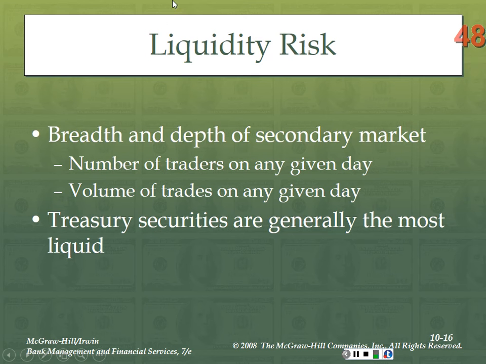If other countries need to raise cash quickly, U.S. Treasury bonds are one of the best investments for that because there is always a huge market for these bonds, 24 hours a day, 7 days a week, almost 365 days a year. So these Treasury securities are very liquid, very popular, great investments.